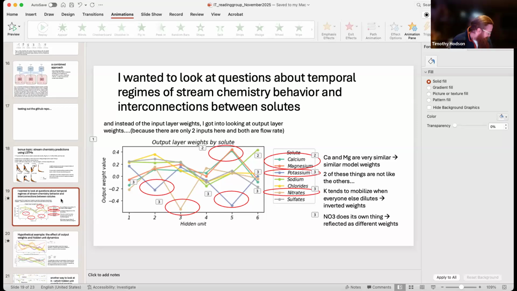That was what my previous work was trying to get to: the effect of intensive management and the timing of fertilizer, planting and harvest on these dependencies changing. Because with nitrate, for example, you can really see it in a fall storm, it dilutes, and then in a spring storm, it mobilizes, and the relationship between it and other solutes changes.